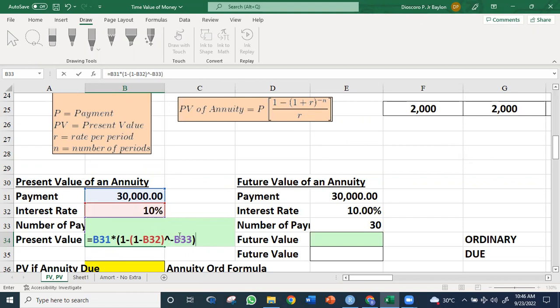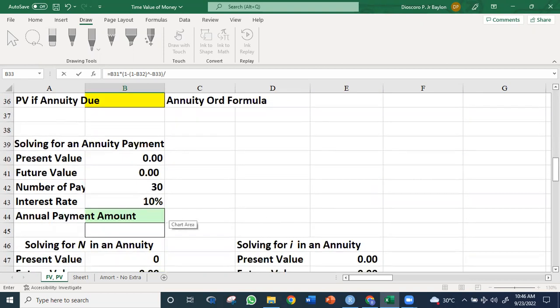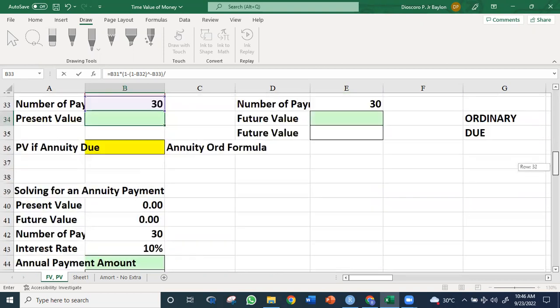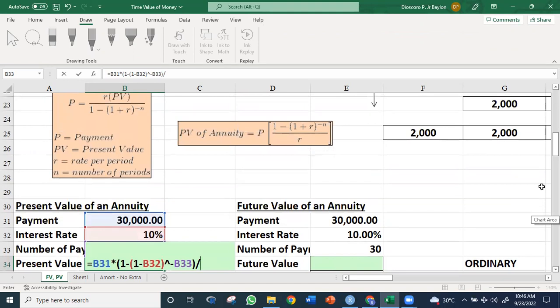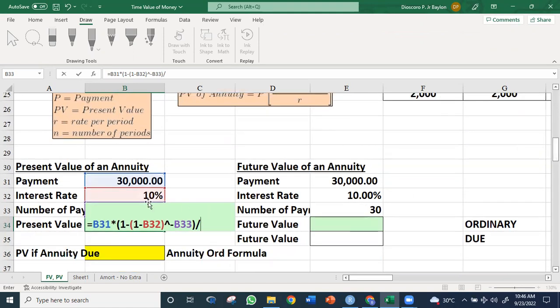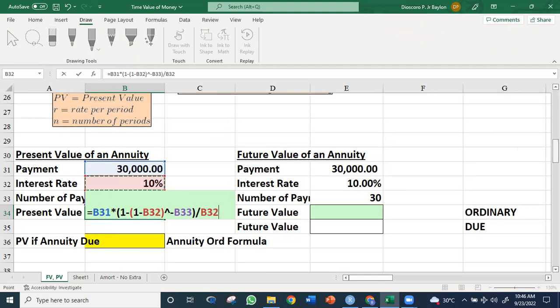So this is now the whole numerator, open parenthesis, close parenthesis, and then divided by R. Your R is the interest rate, this one. That should be your formula, guys. Okay, flash that.